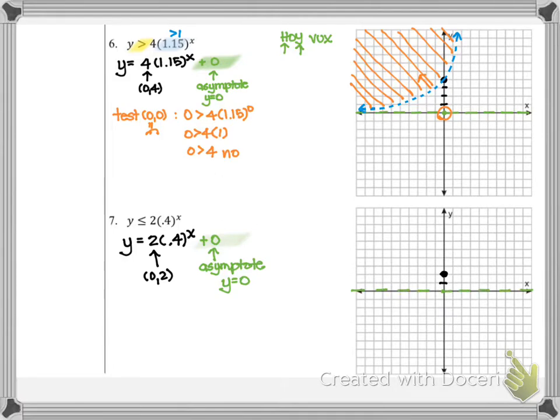Okay, now I'm going to go back to the equation. And I'm going to take a look inside to see if this thing looks like it's going to be growing or if it looks like it's going to be shrinking. So if I look inside the parentheses now, that is actually still got to be positive. I think we talked about that a while ago.